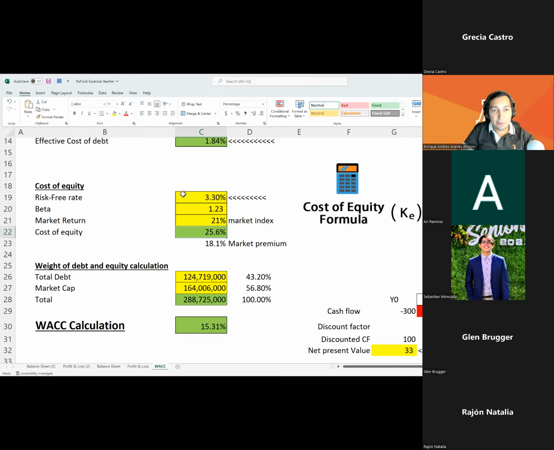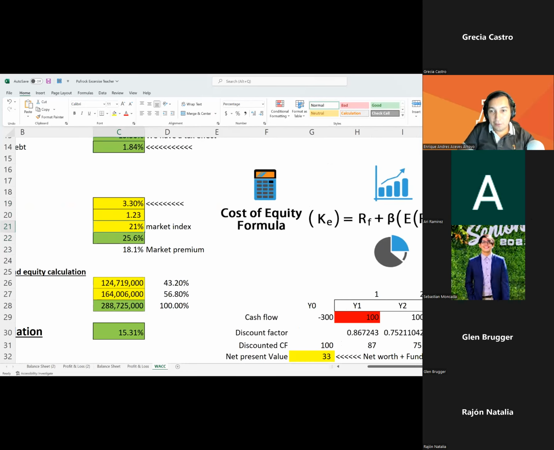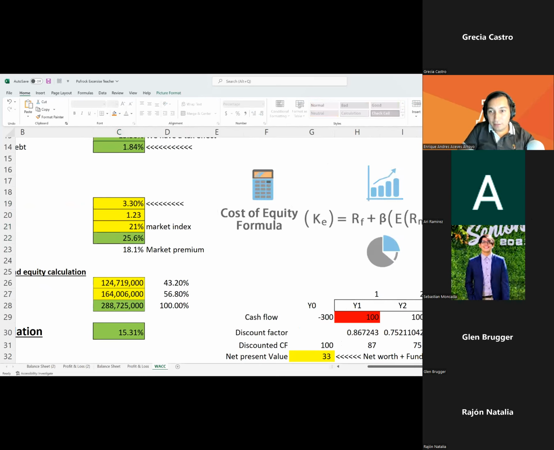So guys, we have the risk-free rate, the beta, the market return. So you only have to apply the formula, right? It's the market return minus the risk-free rate.